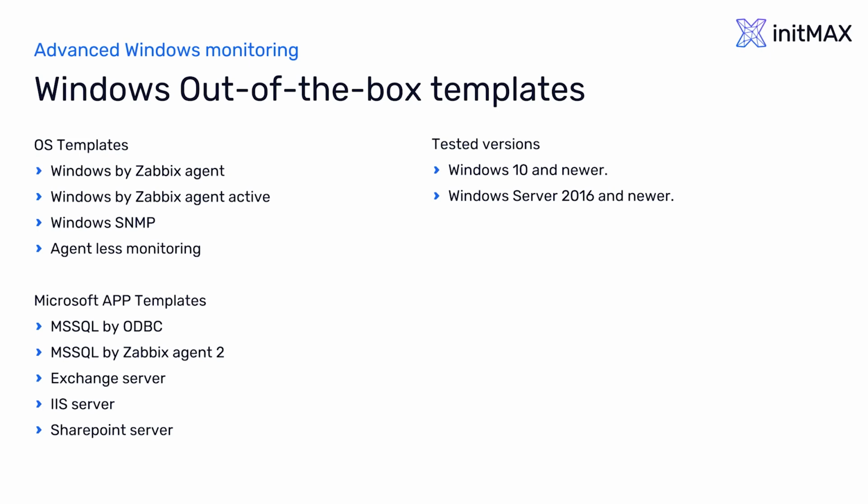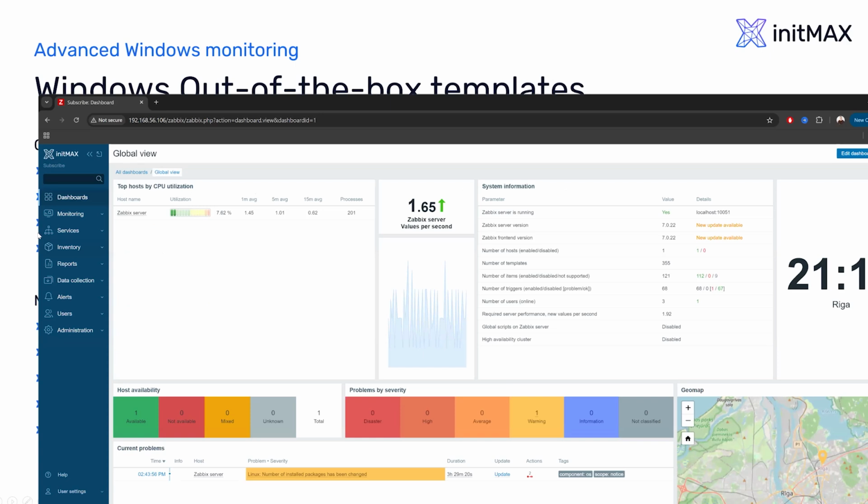Microsoft application templates like Microsoft SQL by ODBC, Microsoft SQL by Zabbix Agent 2, Exchange Server, Microsoft Web Engine Server, so IIS, and SharePoint Server, and the tested versions like Windows 10 and newer, and Windows Server 2016 and newer.